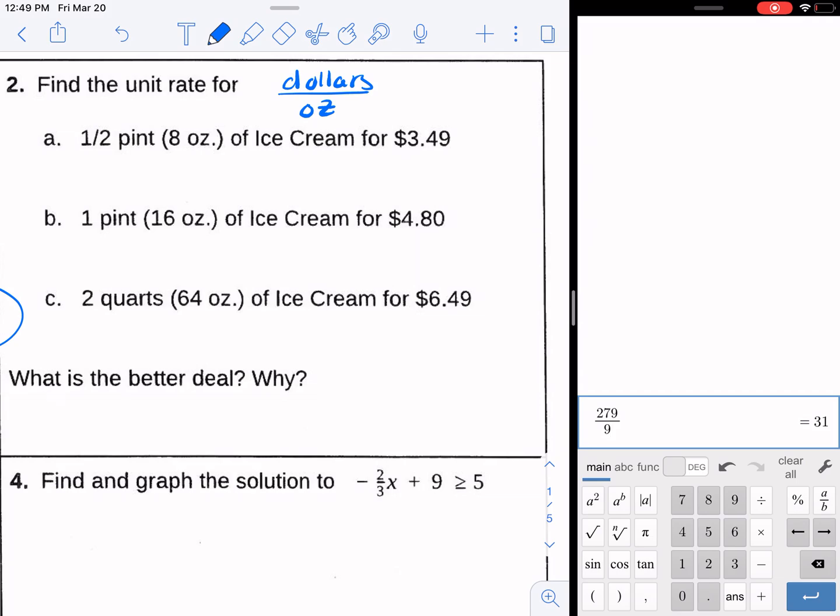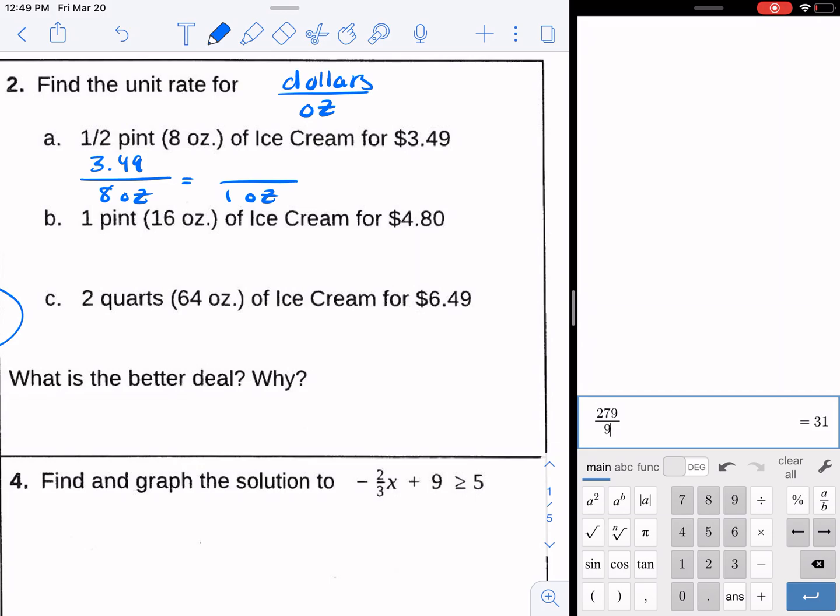So A is going to be dollars per ounce. So $3.49 per 8 ounces. All right, and I want a denominator of 1 because you want to figure out how much it is for 1 ounce. So I'm going to divide it by 8.